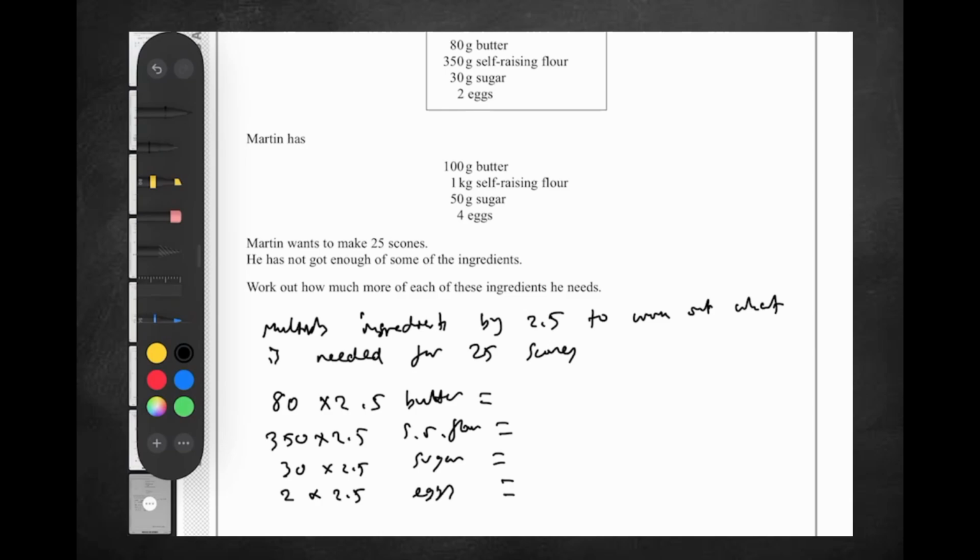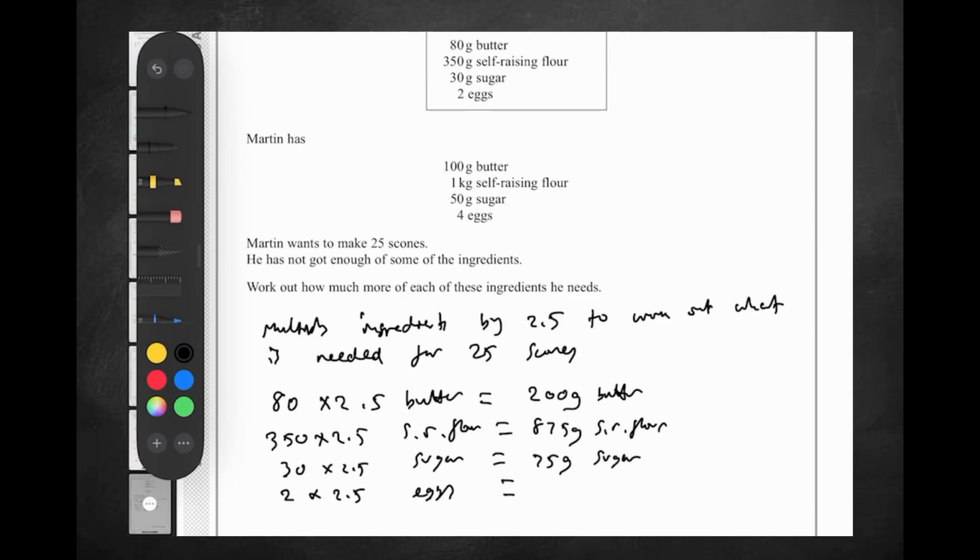So I'll do this on my calculator. 80 times 2.5 is 200 grams of butter. 350 times 2.5 gives 875 grams self-raising flour. 30 times 2.5 is 75 grams of sugar.